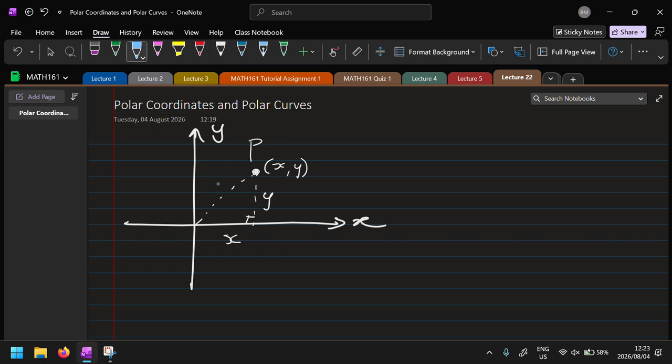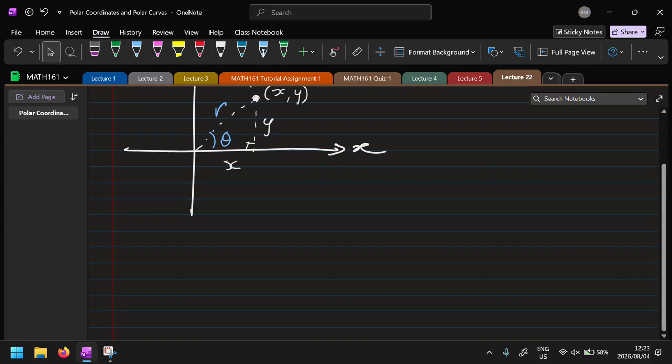So here, this is going to be r, and this angle here, theta. Okay, so it's just two different numbers for the same point. Now, the idea is, how do we go back and forth between the two? It's the same point. If I give you x and y, how do you calculate r and theta? Or if I give you r and theta, how do you calculate x and y? Okay, we want to find the transformation between these coordinate systems.